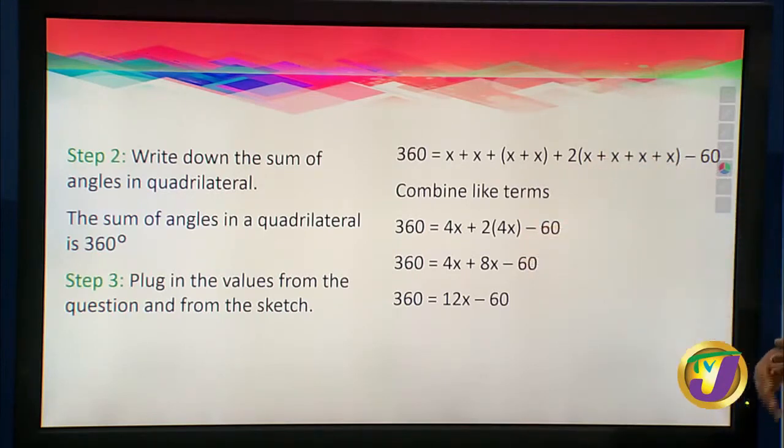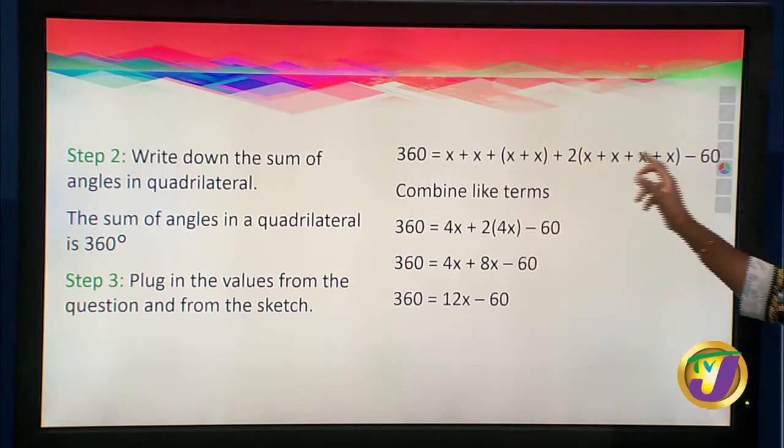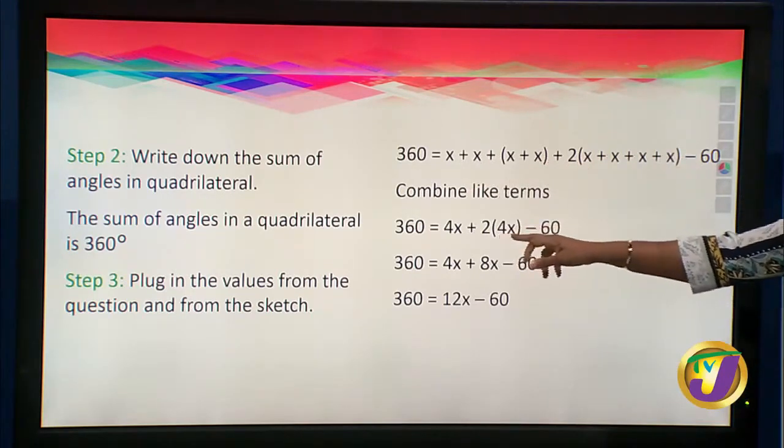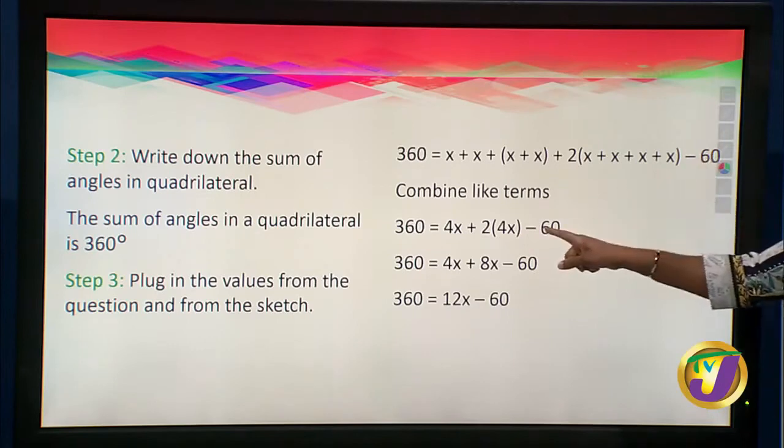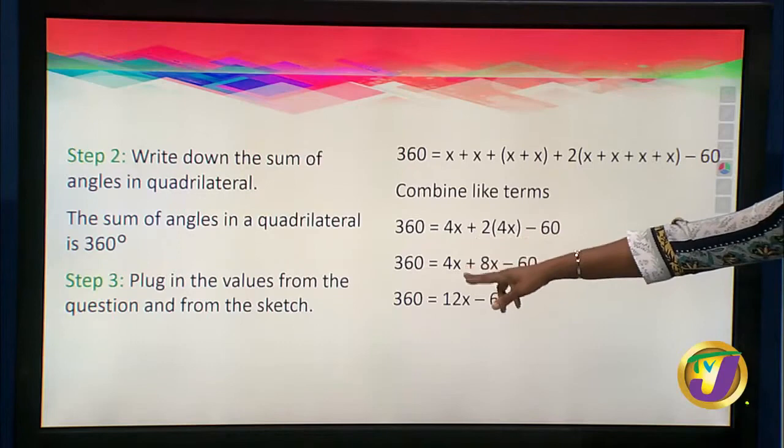And we can actually prove it. So we have the 4x right there, 1, 2, 3, 4. And then we have 2 times the 4x here, and we're subtracting 60.